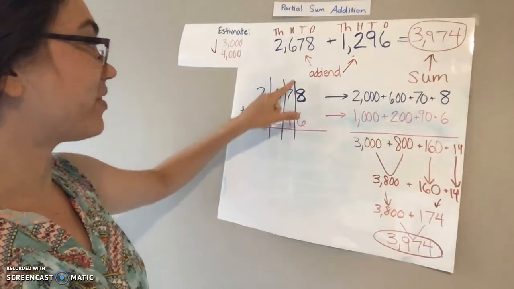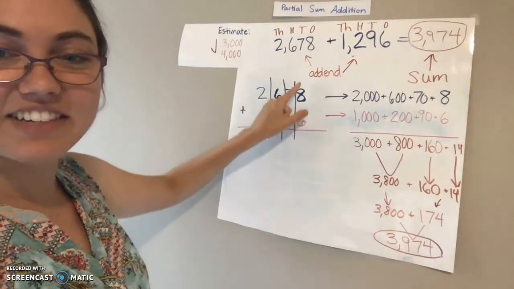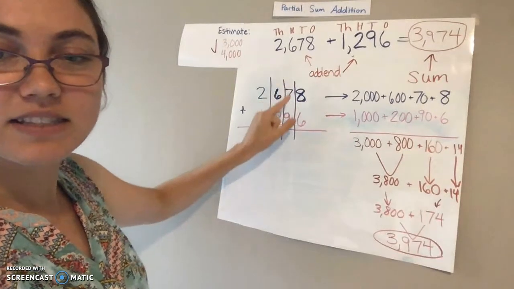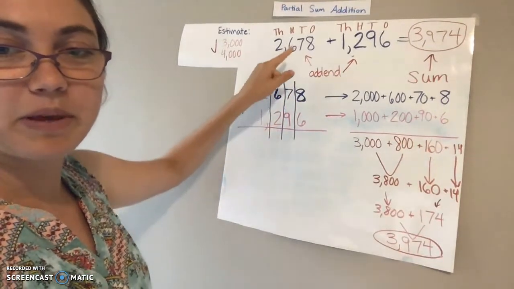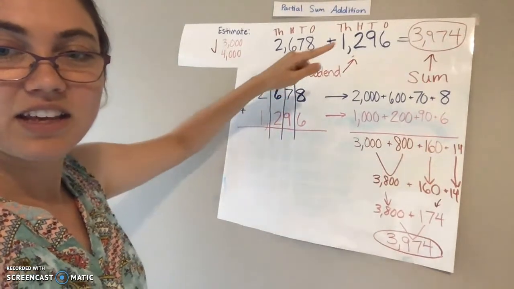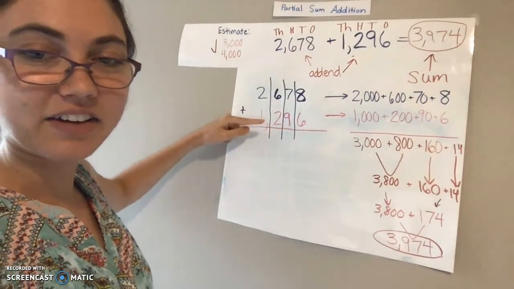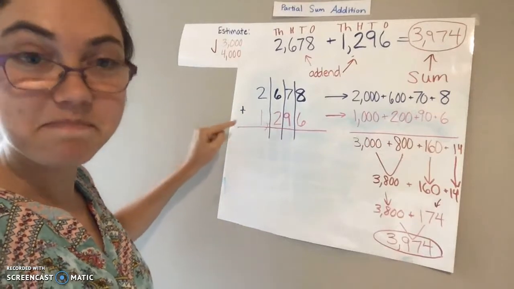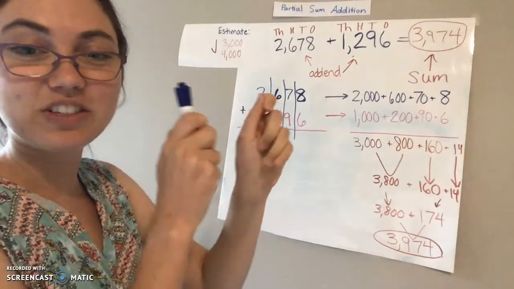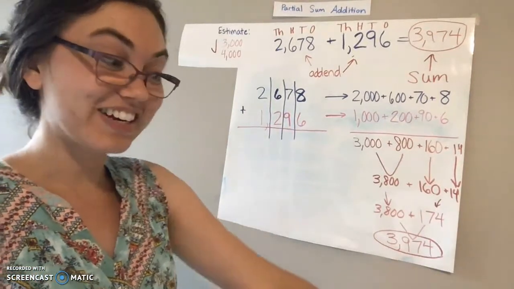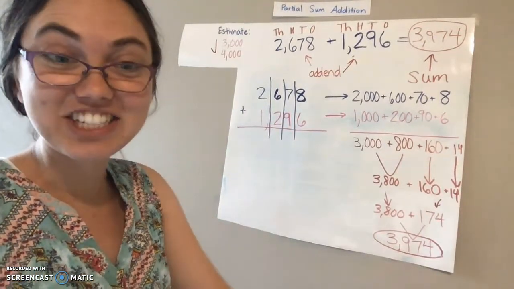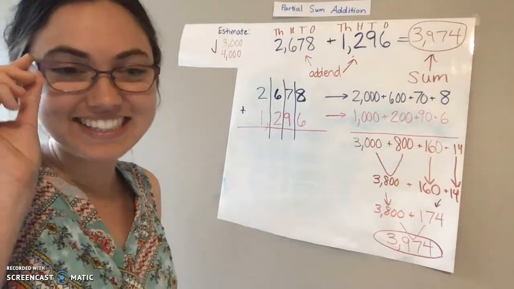So I'm actually going to leave in my lines that divide columns for the ones, the tens, the hundreds, and the thousands. Remember, we brought our first addend down, and then we brought our second addend down. And we're finding the sum. That means we add the two numbers together. So let's learn how this addition standard algorithm works.